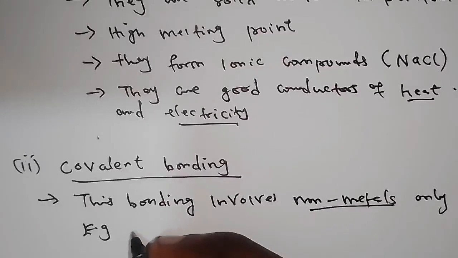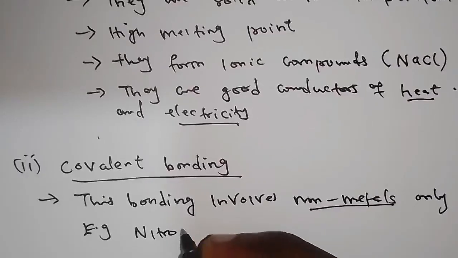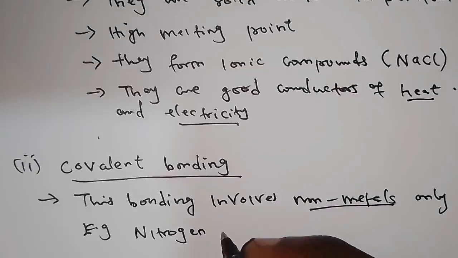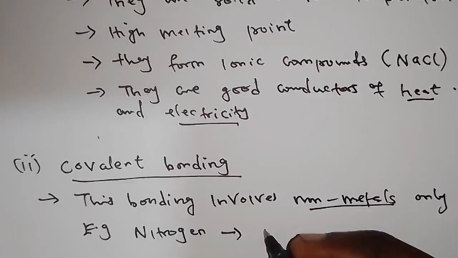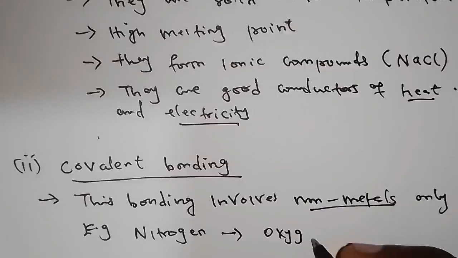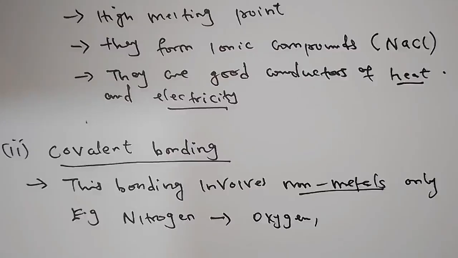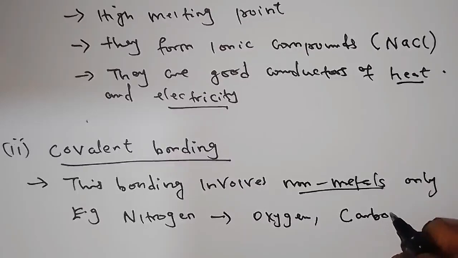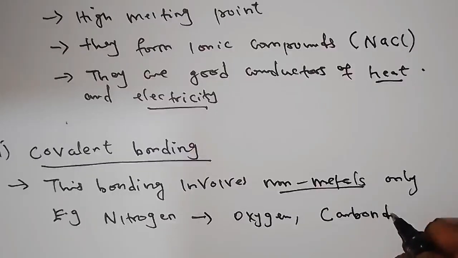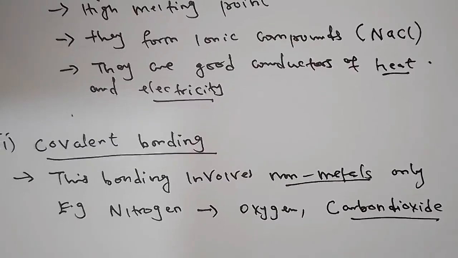you can have, for example, let's say nitrogen, a gas, combining with let's say oxygen. And then you can also have carbon dioxide.